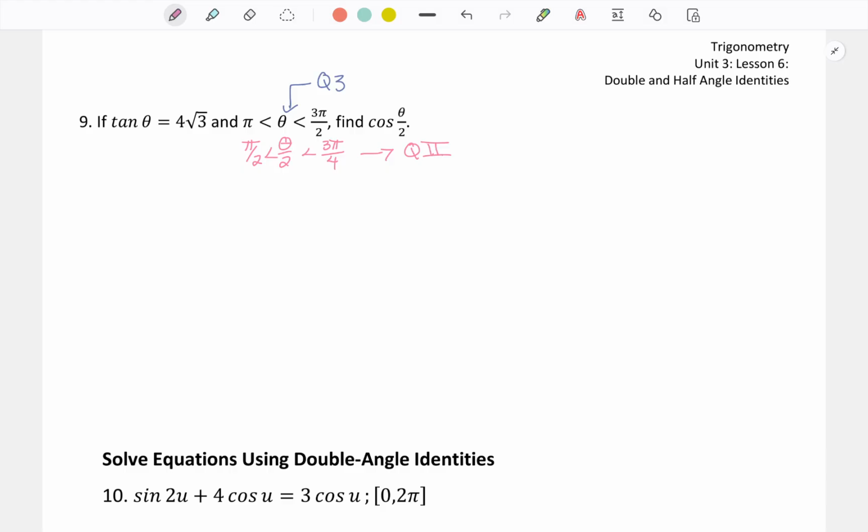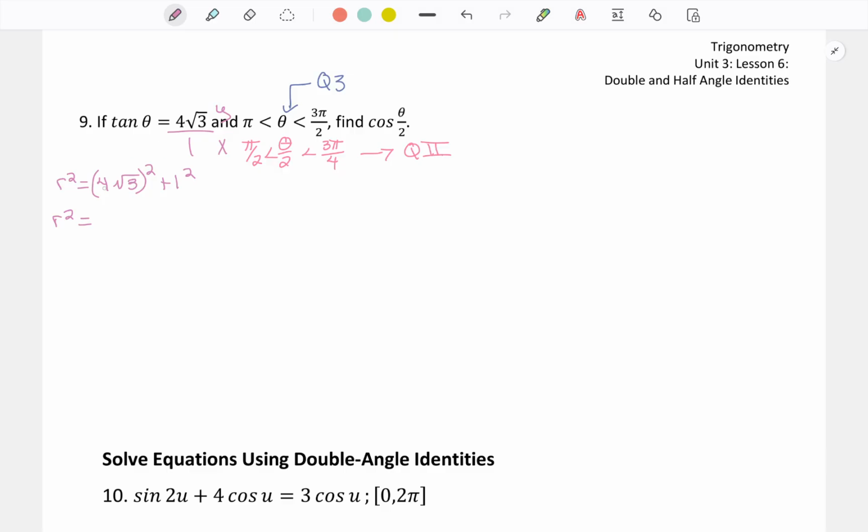So we do need to go ahead and use the Pythagorean theorem to find the rest of our ratio, because tangent is y over x. And so we've got 4 square roots of 3 over 1. So that's going to give us r squared equals 4 square roots of 3 squared plus 1 squared.